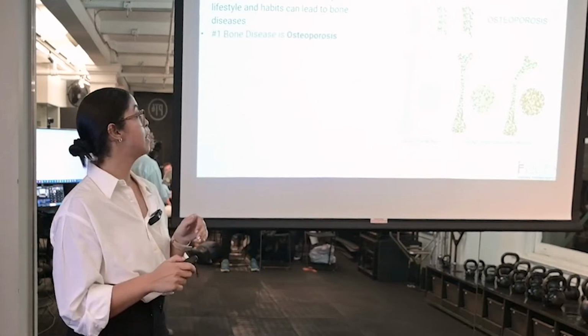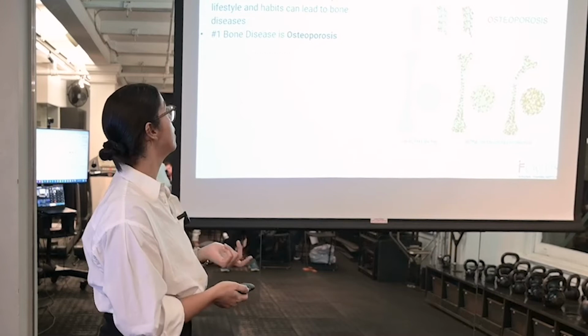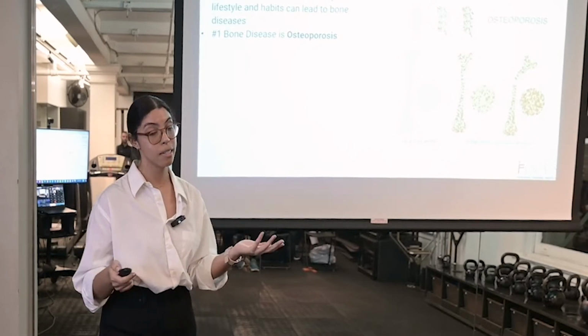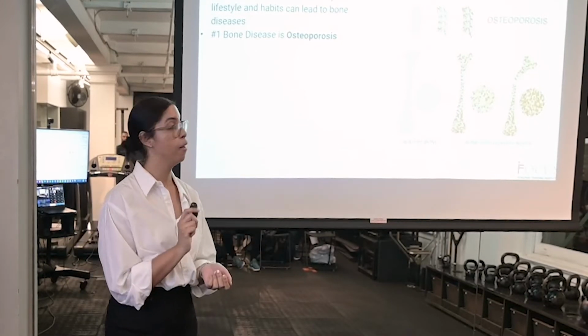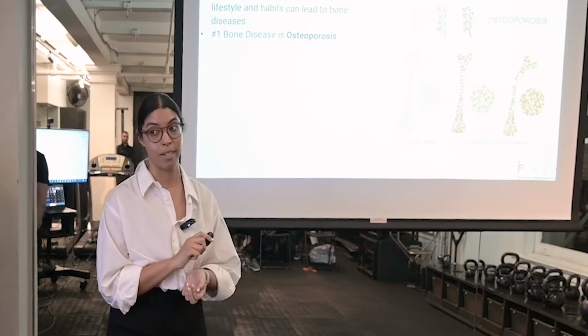Now, a decline in bone health due to poor habits and lifestyle can lead to many diseases, but the number one health issue regarding the bone is called osteoporosis. If we break down the word, osteo meaning bone, porosis meaning porous.